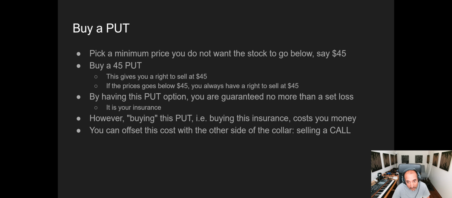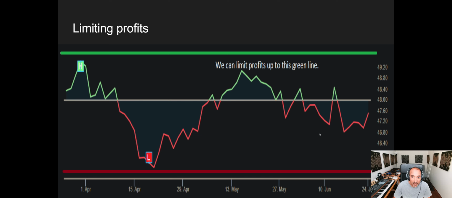However, with the collar, you can offset this cost with the other side of the collar by selling a call. If you come back to this graph, let's say we have a green line here where we agree with ourselves that we are going to limit our profits to this green line. In other words, if the price goes above this green line, I'm going to say, okay, that's fine, I will still sell at this lower price.